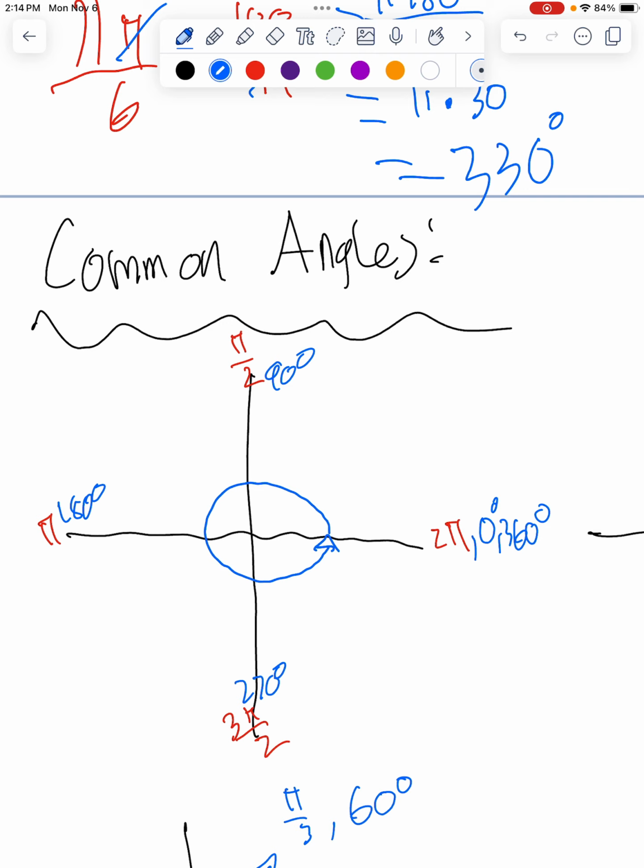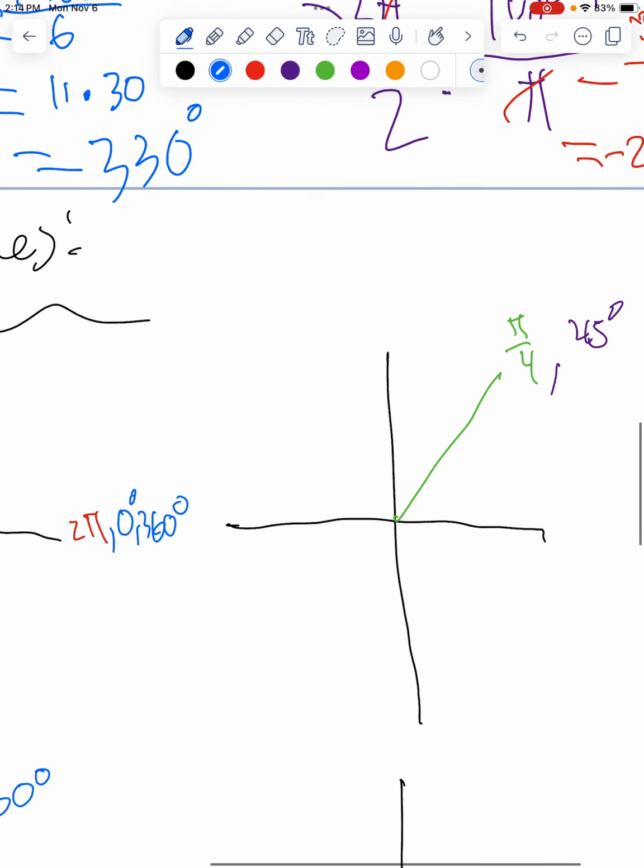If I go just 1/4 of the way, again, a 90-degree angle, because 2 pi is the same thing as 360, if I cut that in half, again, pi over 2, pi, 3 pi over 2, 2 pi. We also talked about how 180 degrees is pi radians. So again, it's very common to split it up into fourths, into quarters like this: 90, 180, 270, and 360.